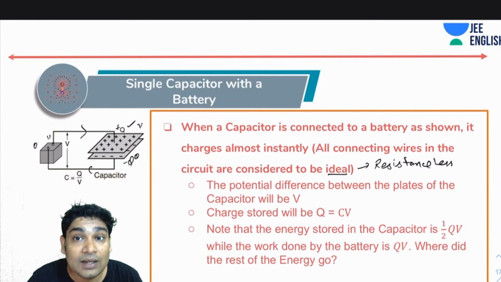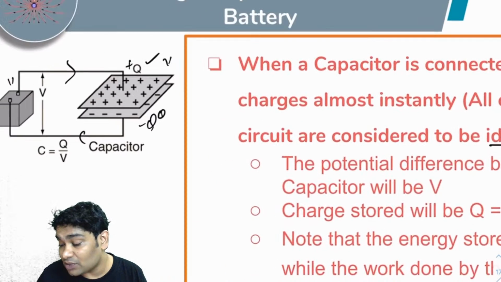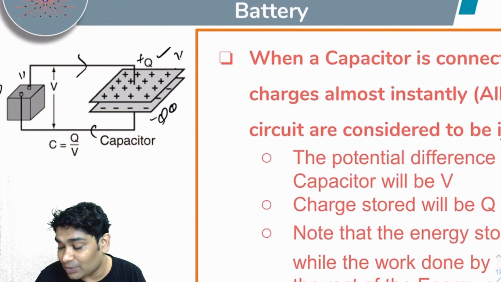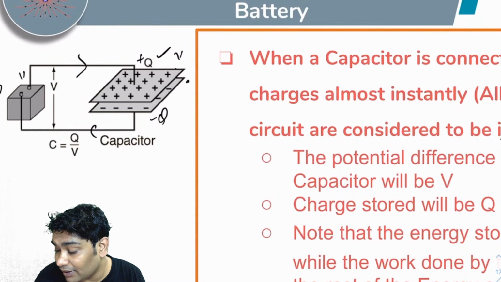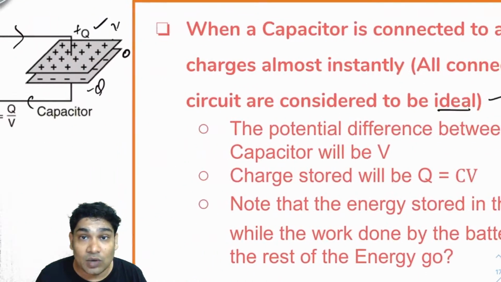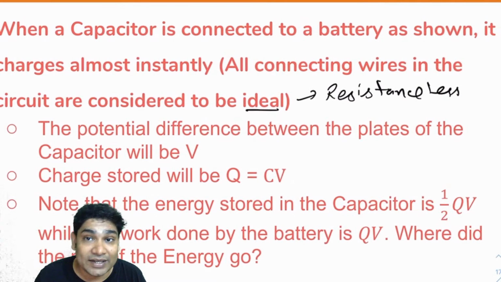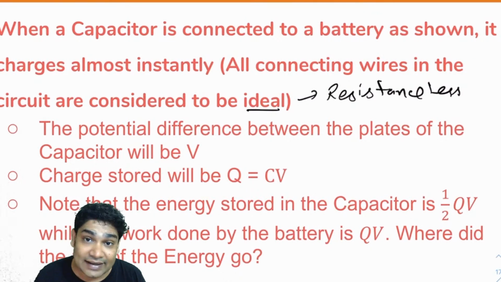Now the potential difference between the plates: the moment this is connected, this plate will come to a potential of V, this plate will come to a potential 0. So immediately when you connect this capacitor to a battery, the potential difference between the two plates will become V. The charge that gets stored, Q, would be C times V.